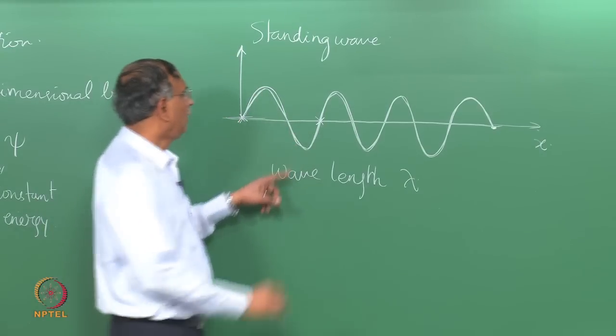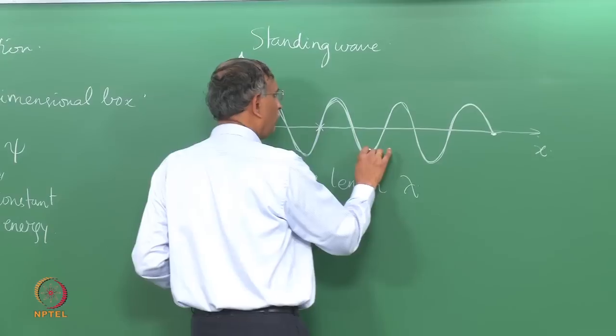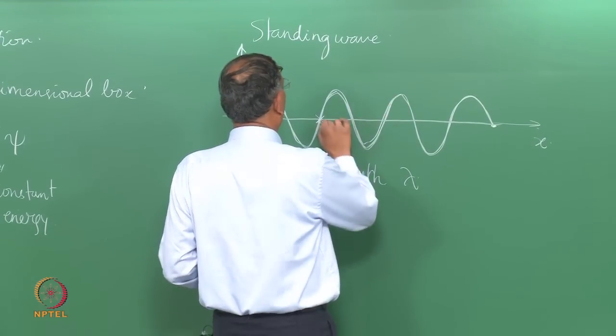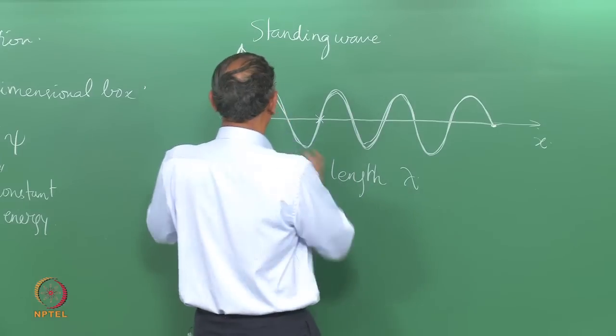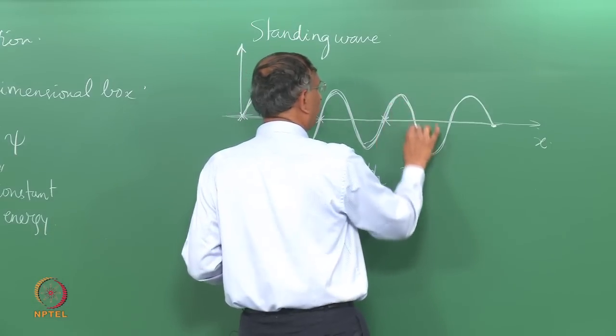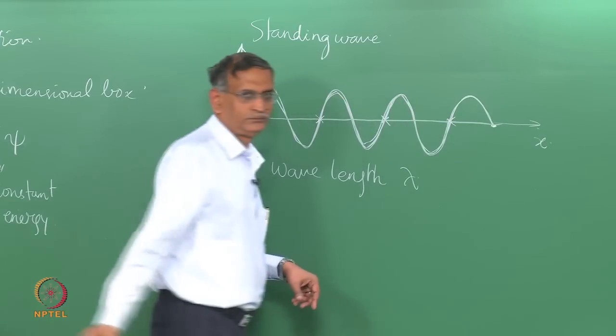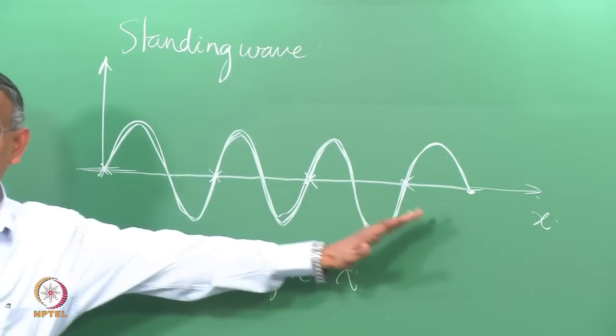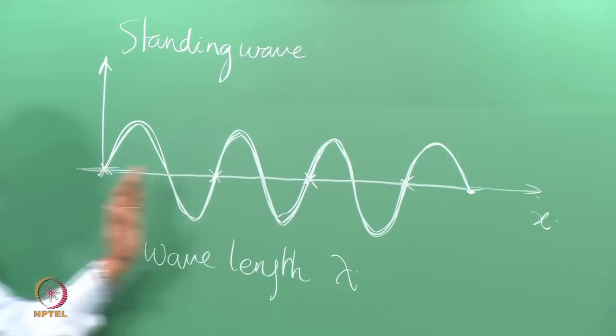And here we have 1, 2, this is 1 and this is 2, and then you have 3 and 3.5. It has to be either exactly half wavelength or a full wavelength for this to be a standing wave.